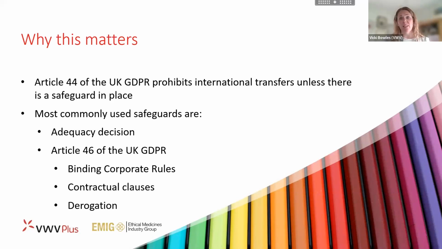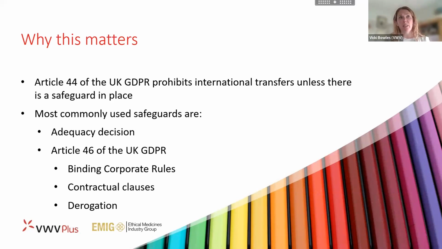So what it says is Article 44 of the UK GDPR says you cannot make an international transfer without putting in place a safeguard. And there are a number of safeguards in place that might be applicable to the transfer before you jump straight to standard contractual clauses.